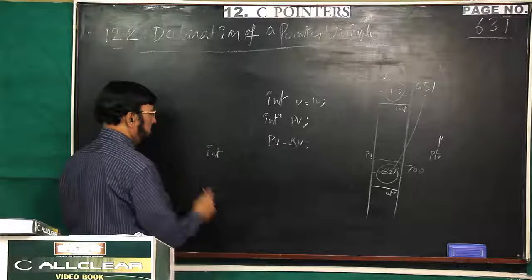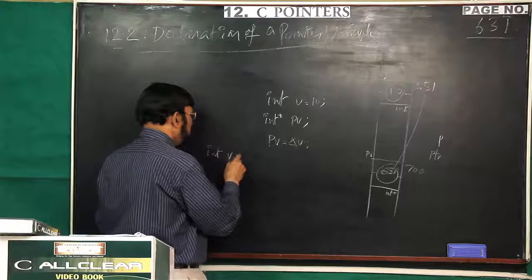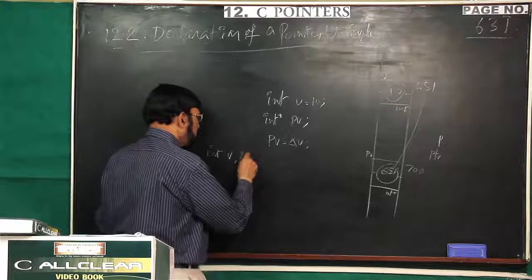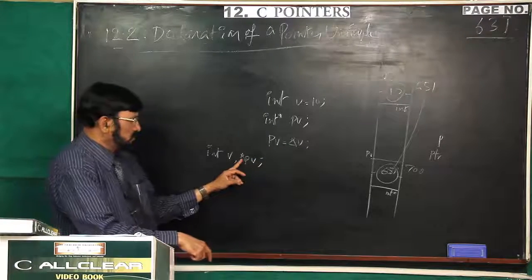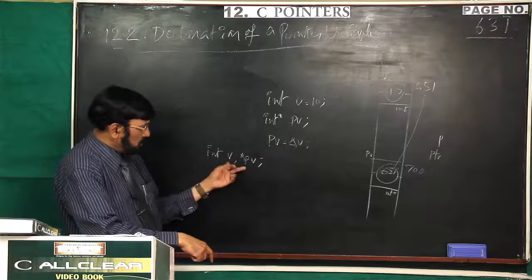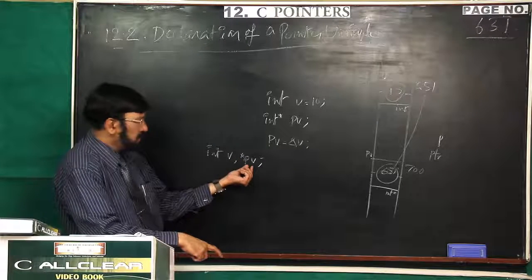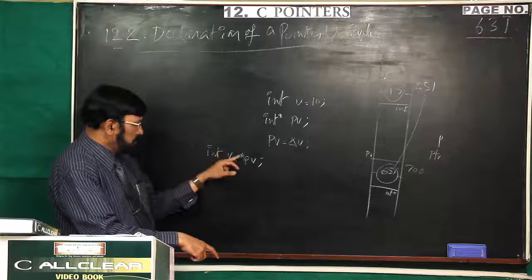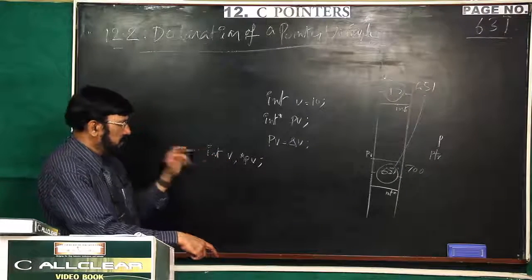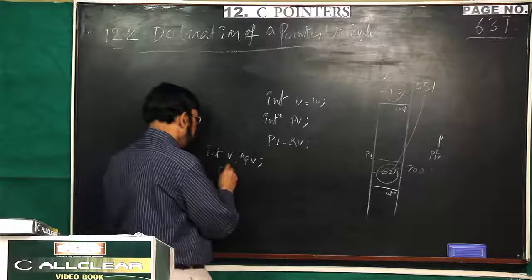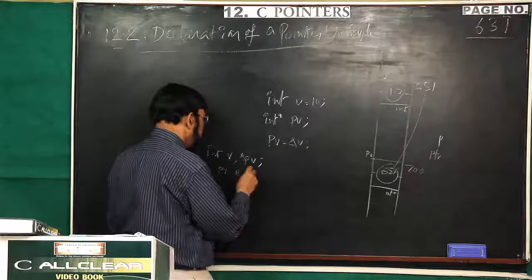Now, int V, *PV. In this case, we should prefix the star symbol to PV. There is no other way. If you prefix it here, V does not also become a pointer variable. Now, PV = &V.